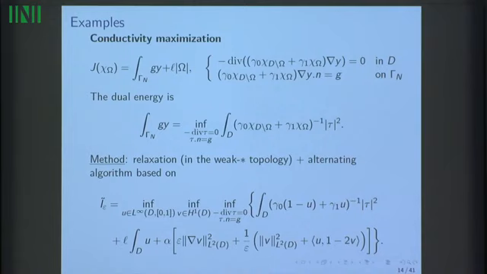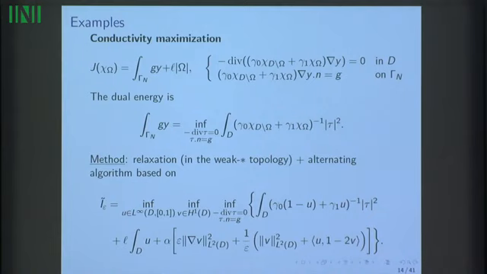And what is known in the world of homogenization is that if you relax in the sense of the lower semi-continuous envelope for weak topologies, which you need to have compactness also, the relaxed formulation can be written like this.